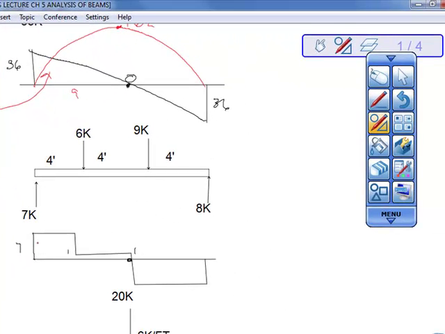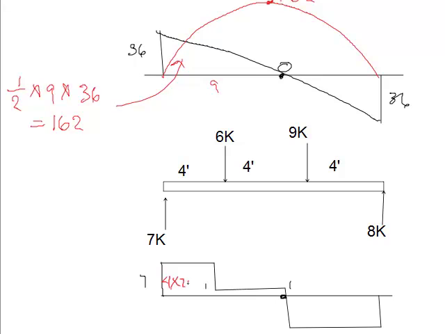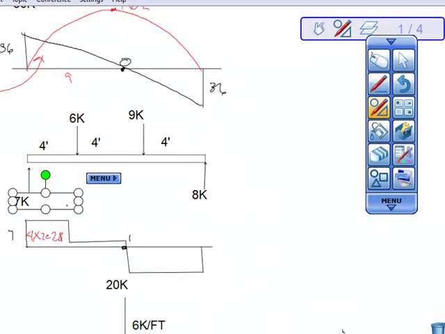It's going to be 4 times 7, which equals 28, right? So at this point, you're going to line it up with there and go up.